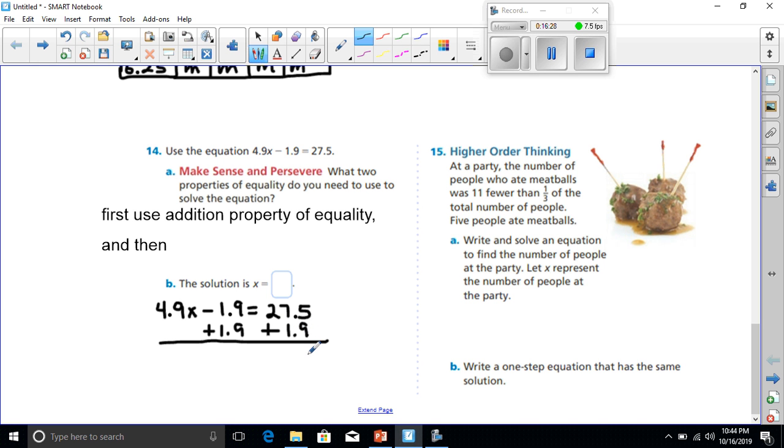Adding, 5 plus 9 is 14, I carry the 1, and that's going to give me 7, 8, 9. Don't forget my decimal. And then I have the 2. So now I know that 4.9x has to equal 29.4. Again, since I'm multiplying here, now I'm going to have to use the division property of equality. So that tells me what the next one will be.